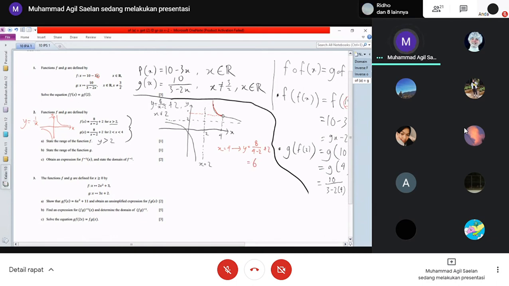So this is 6. And then, so the graph of g of x is entirely above 6, okay? So that's the range.